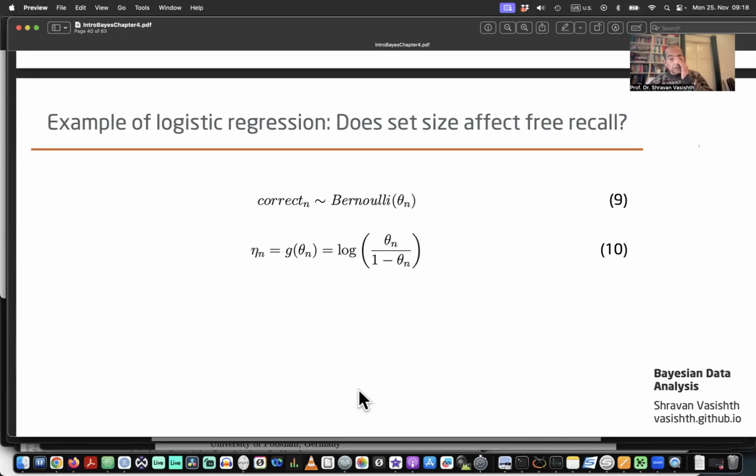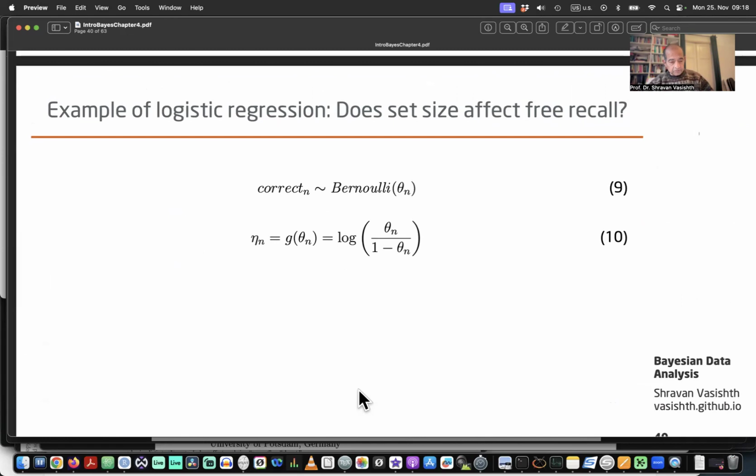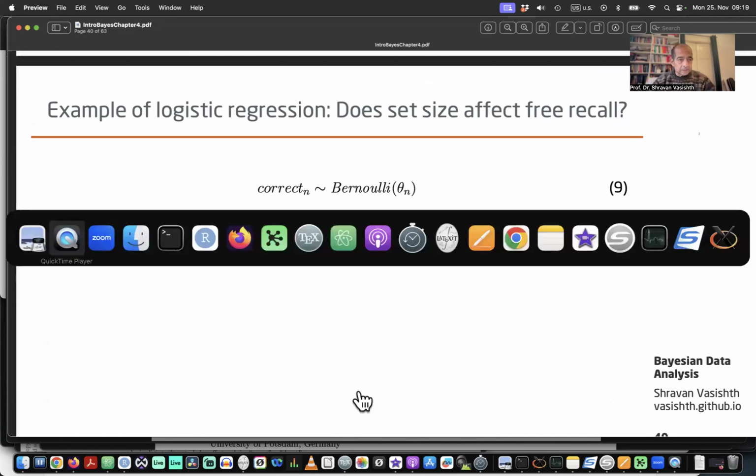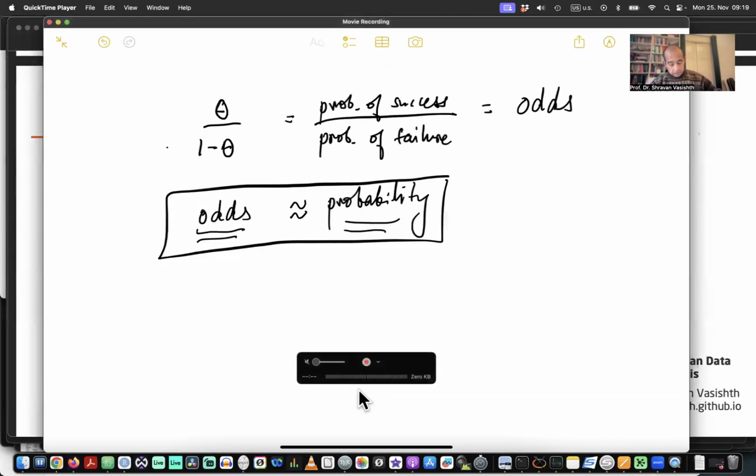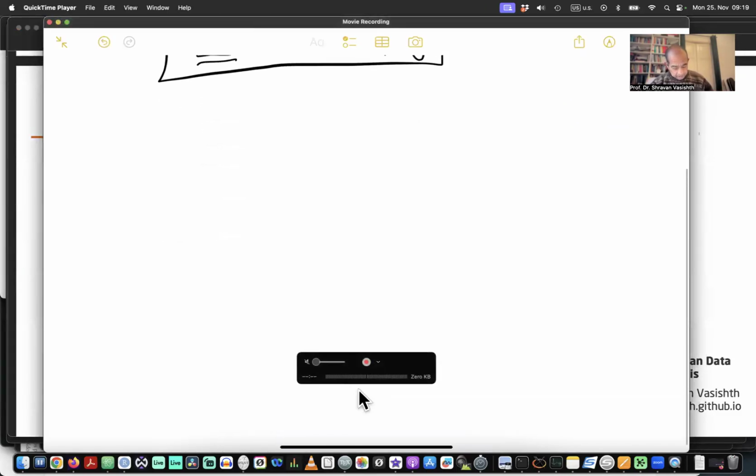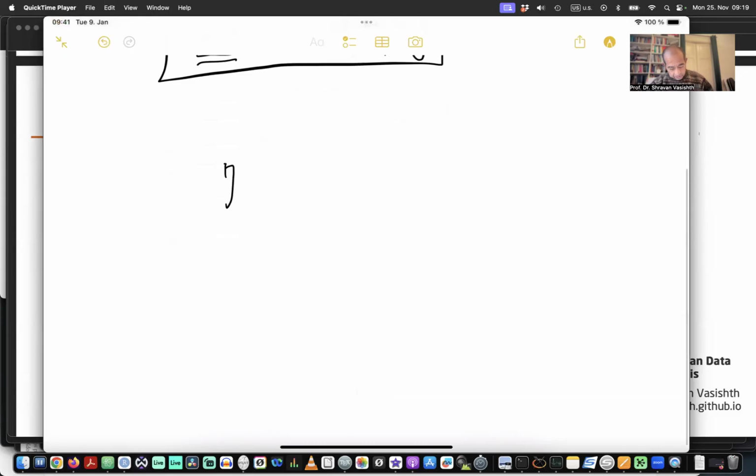So what will happen here, maybe I should have explained this. I'm sorry about that. What will happen now is that our model will look like this. We have a log odds dependent variable. We're going to be working in the linear modeling space again, with the log odds as the dependent variable.